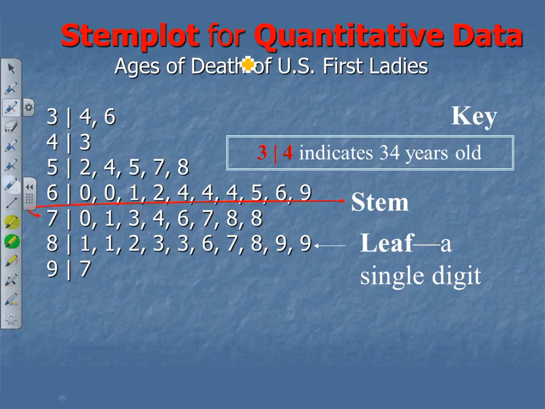It looks like the age of death of U.S. First Ladies, we have mostly 60s, 70s, and 80s. So if I did a histogram, I'd have 60s being here, 70s being a little bit less, 80s being here, and then I'd have 50s, which is less than that, and then 40s, which is less than that, and then 30s, which is like that.